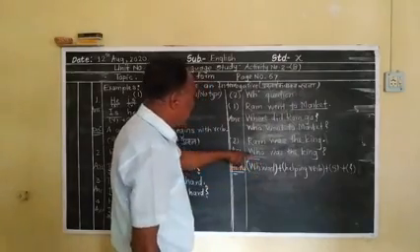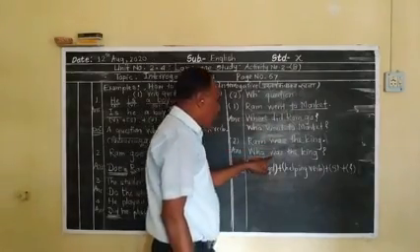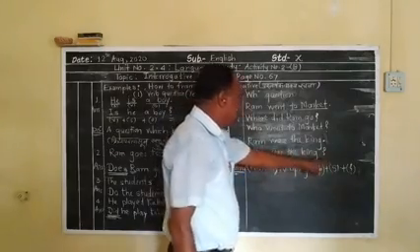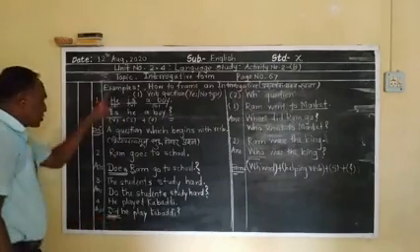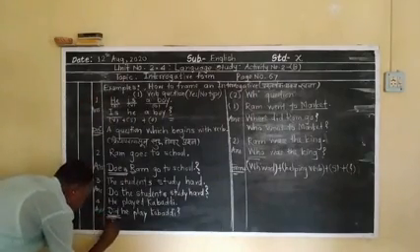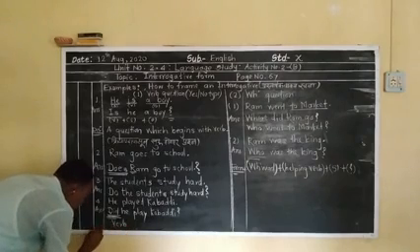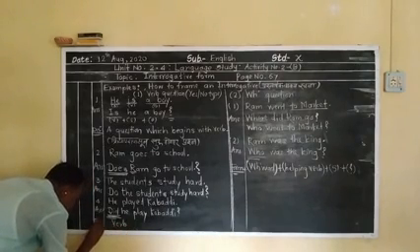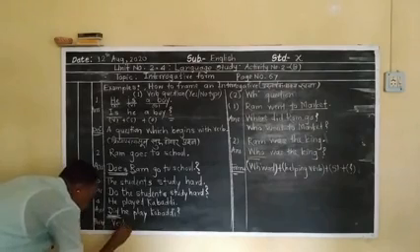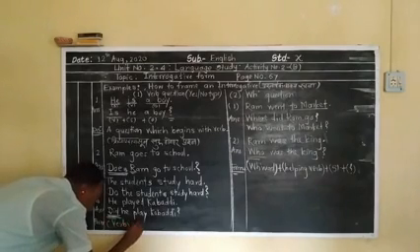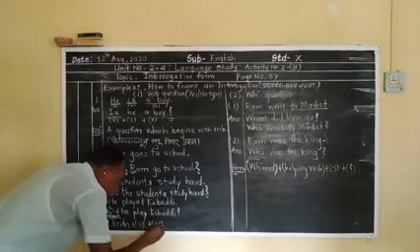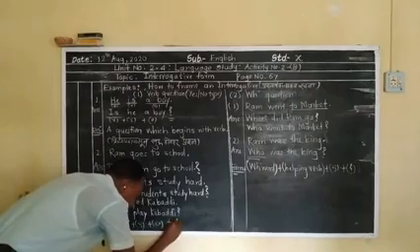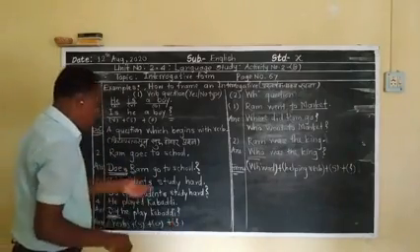Look, WH word, helping verb was, the king is the subject, and at last question mark. The verbal question structure formula: verb plus subject plus object plus question mark.